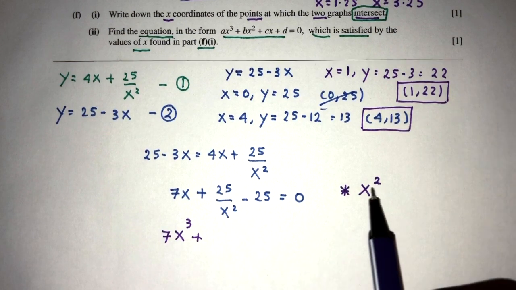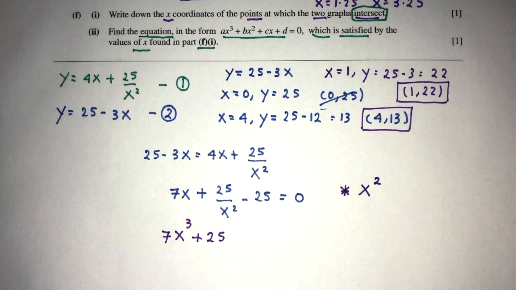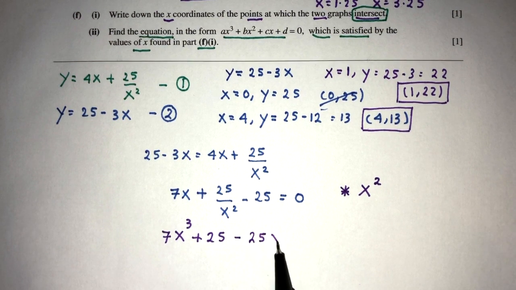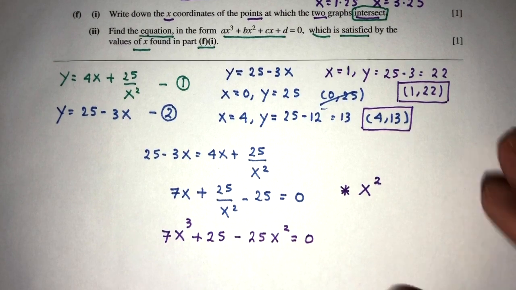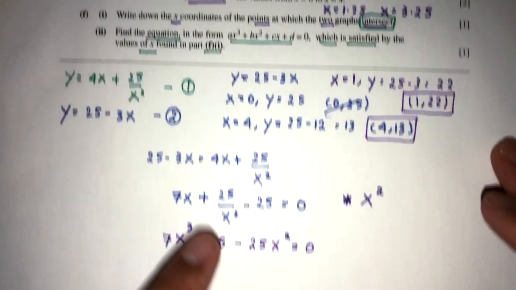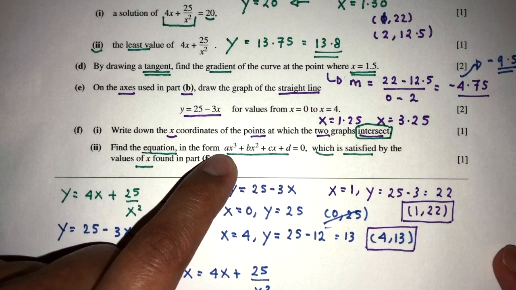This over this times this will be 25. And finally, what else do we have? This will be 25 as well. Minus 25x squared is 0. Okay, as you can see, you have shown this equation in this form where we have ax cubed.